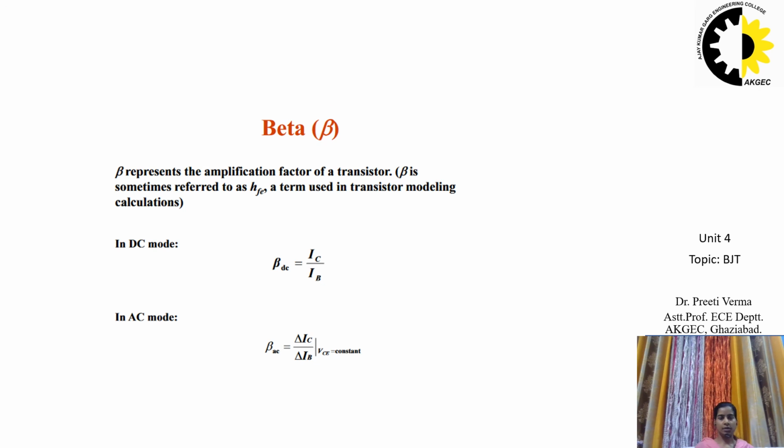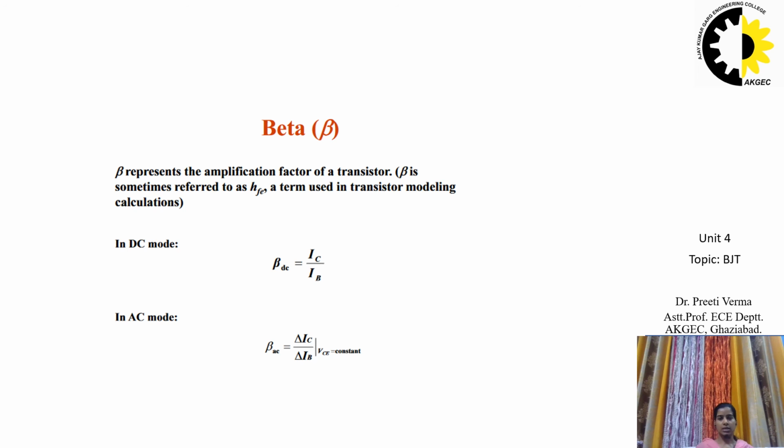The current amplification factor for common base configuration we have defined as alpha. So we have another term, beta, which is related to the common emitter configuration, and that is the ratio of output current to the input current. Here for the common emitter configuration, the output current is IC and the input current is IB.